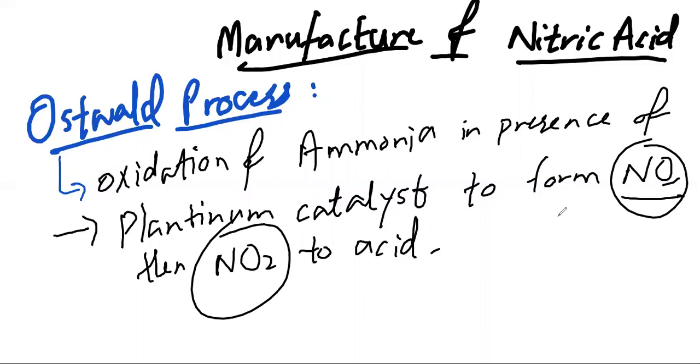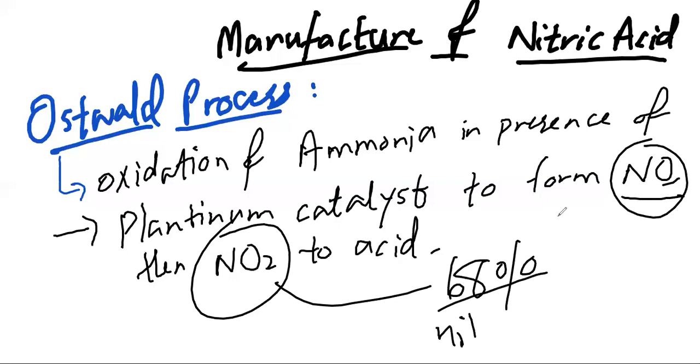Then NO2 is dissolved in water to obtain about 68% concentrated nitric acid. Further concentration can be achieved by passing vapors of nitric acid over sulfuric acid. These were the process steps, and this was all about the manufacturing of nitric acid.